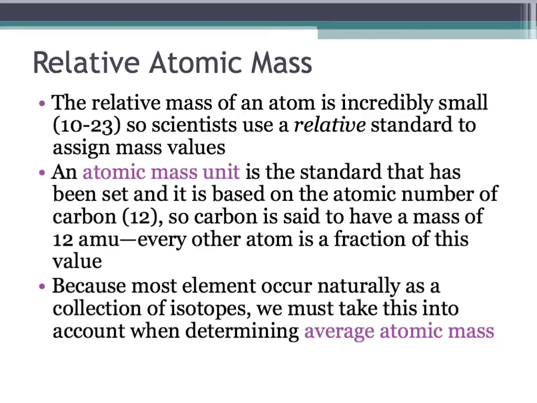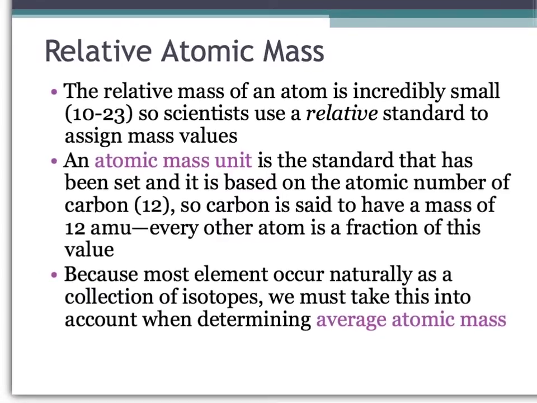We also use the differences in mass number dependent upon the isotope that we're looking at in order to determine the relative mass of an atom. Because atoms are so tiny comparatively to everything else on Earth, it's a really hard number to work with.